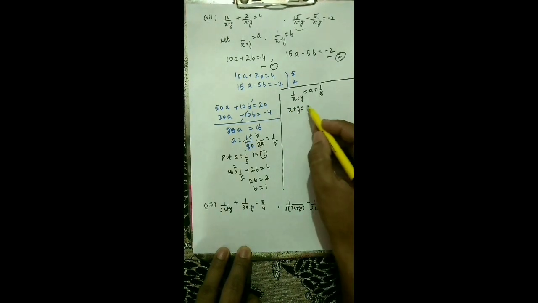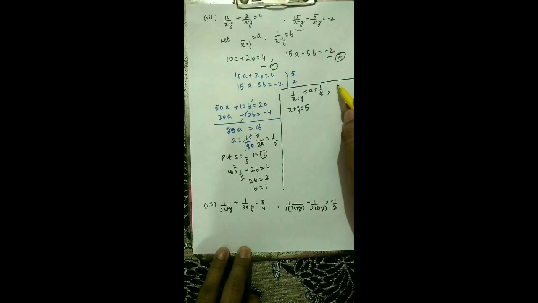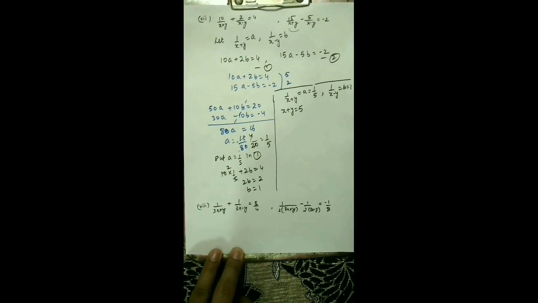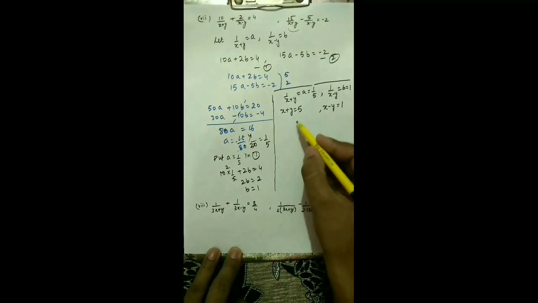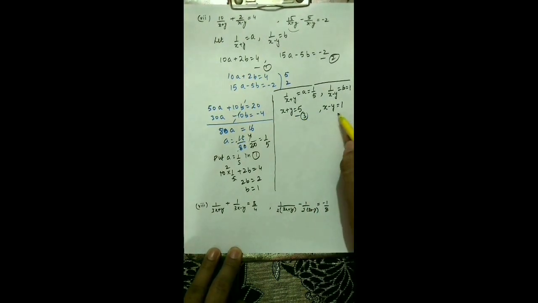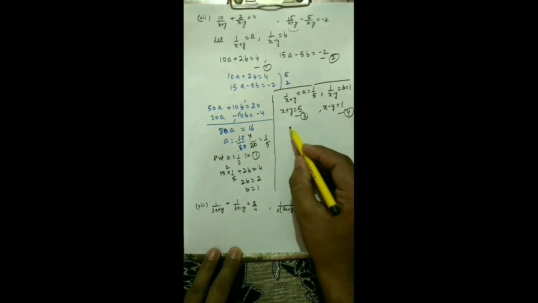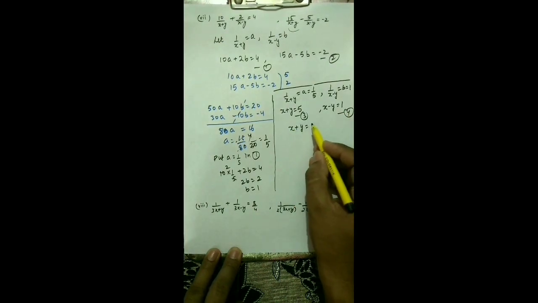So x plus y will be equal to 5. And for the second one, you assumed that x minus y was b, and b has come as 1. So if you do the reciprocal here, you will get x minus y as 1. So now you have both the equations. Mark this as 3, mark this as 4. So simplify both equations and find the solution.